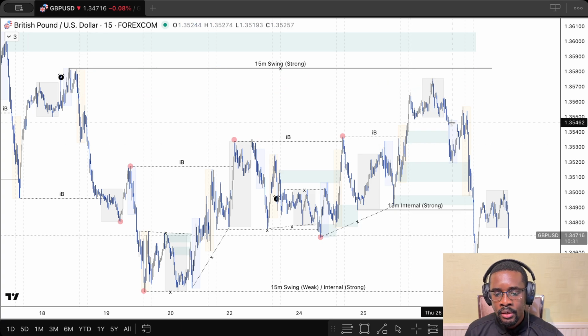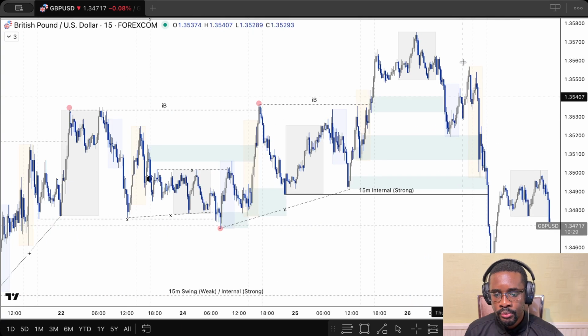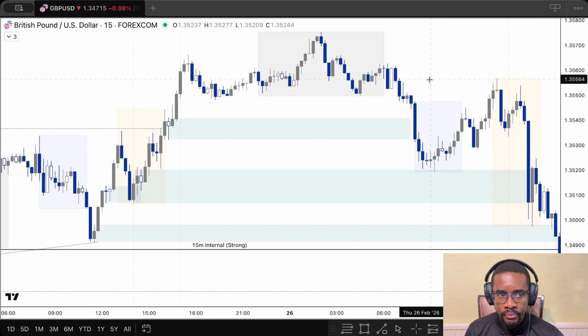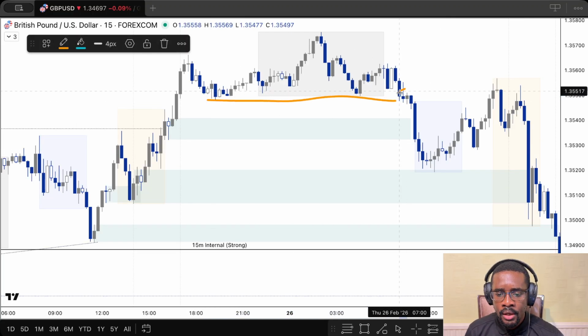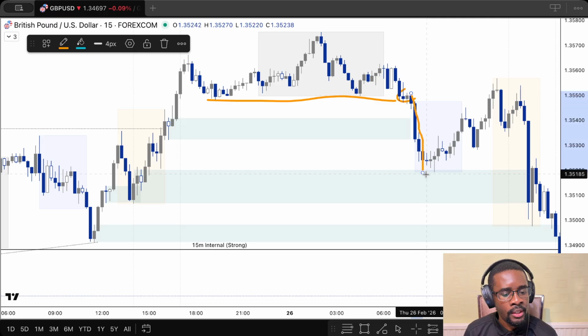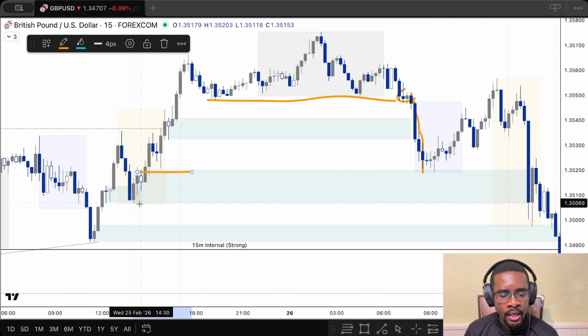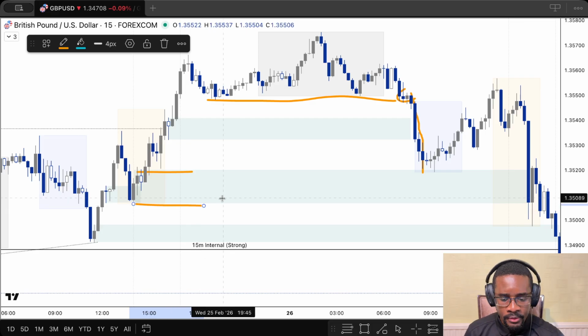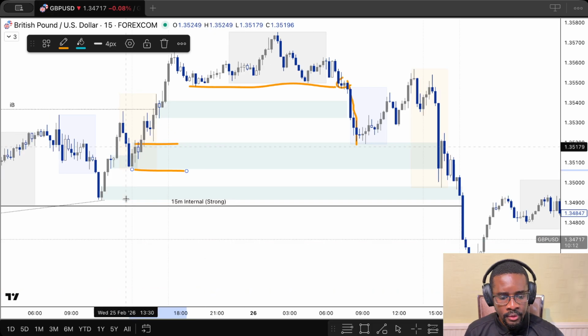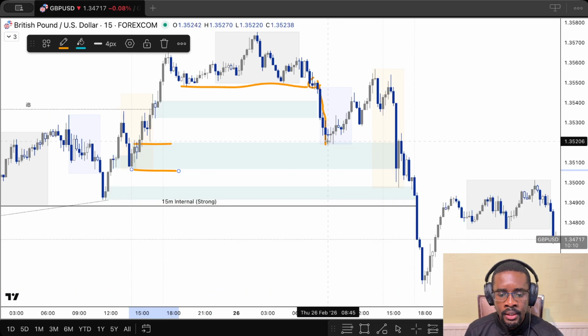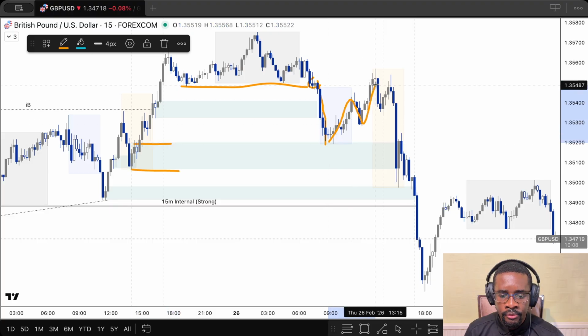We had price take out this low outside of our key time window, and then during our key time window, price just kept on melting until it mitigated this demand, and then we had a bit of a reaction.